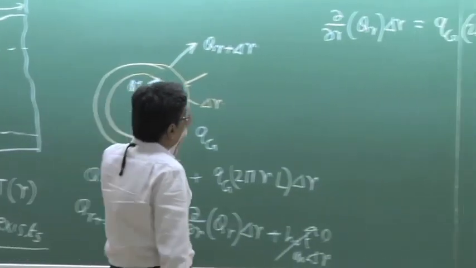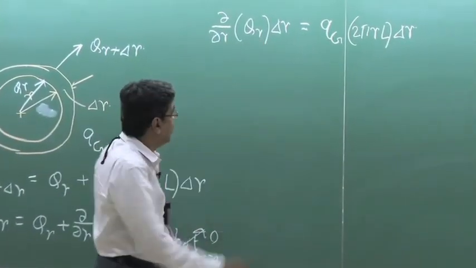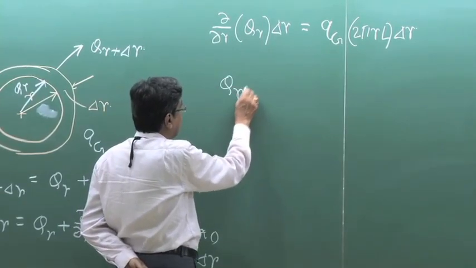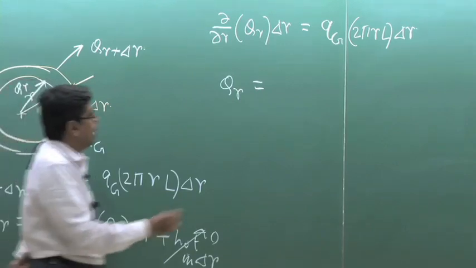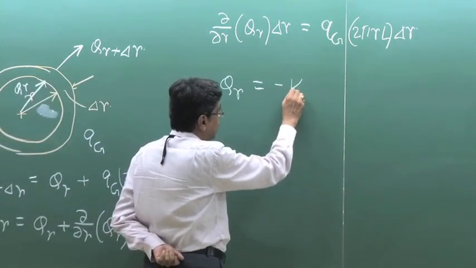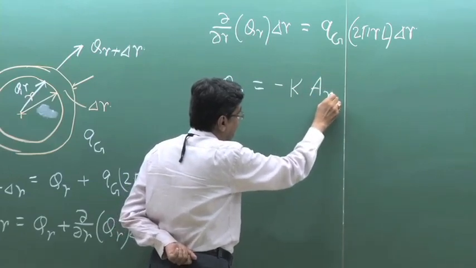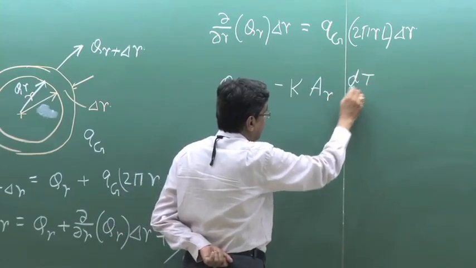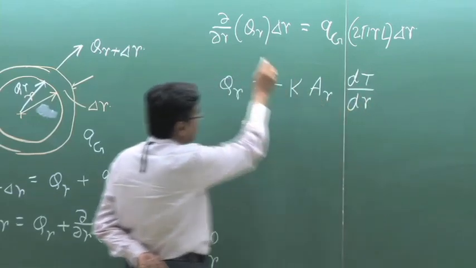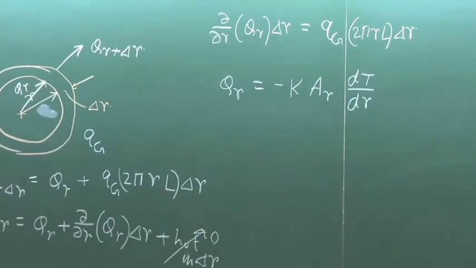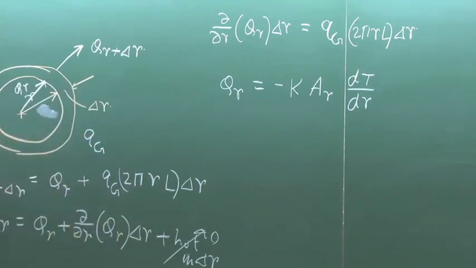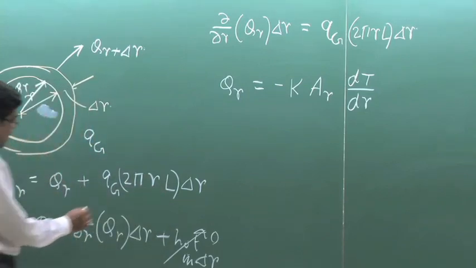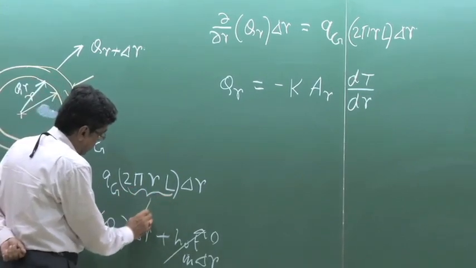Now we have to replace qr by the Fourier heat conduction equation. What is qr? At any arbitrary location r, qr is minus k into the cross-sectional area at that r into dT dr. If we put that here, the twice pi r L is actually the cross-sectional area, so I can write it in terms of the cross-sectional area AR.